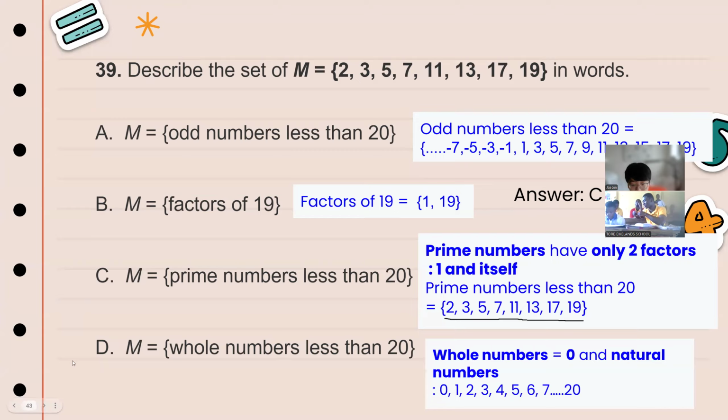It's not answer choice D because whole numbers less than 20 are 0 plus the natural numbers.